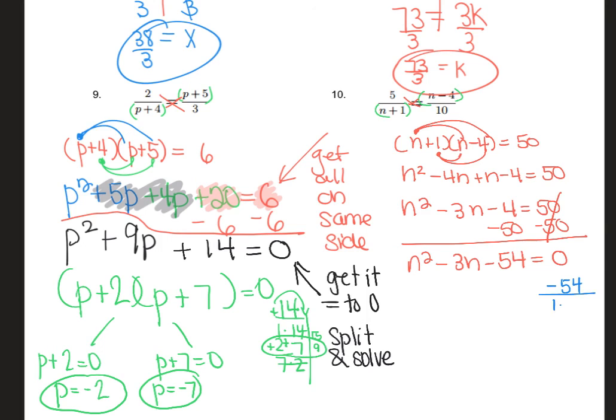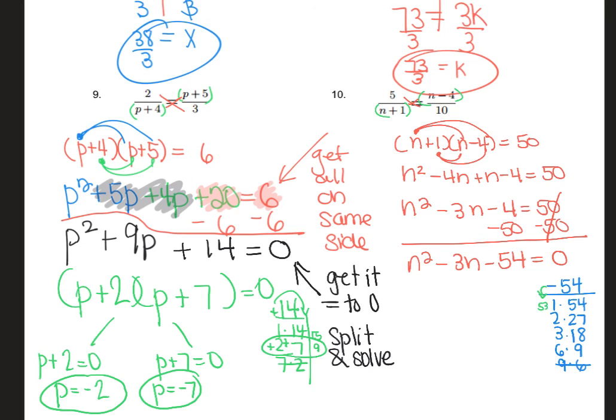So now I have 1 times 54, 2 times 27, 3 times 18, 6 times 9. Okay, now I'm negative, so I want all the subtraction.